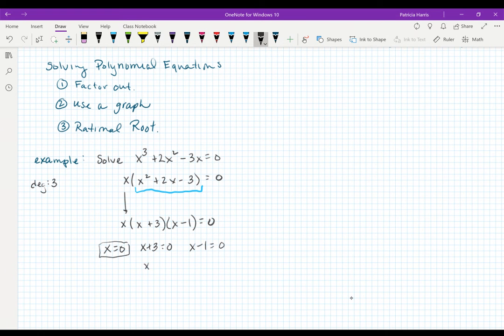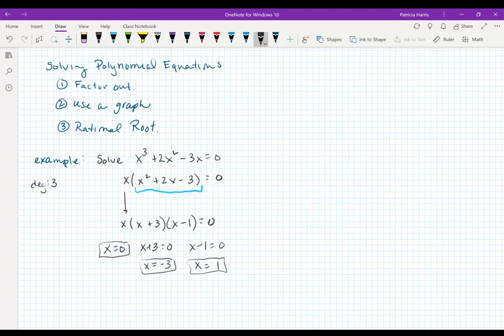Then if I solve this guy, I get x is equal to negative 3. And then if I solve the last one, I get x is equal to 1. So that tells me that I have found my 3 answers. 1, 2, 3. I am done.